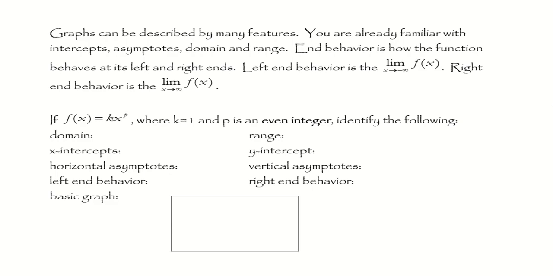Okay, welcome back. So hopefully you have a good idea of what's going on here. We're going to summarize this now, and we're going to look at several features that we're going to describe these graphs according to. So you already know about intercepts, that would be x and y intercepts, asymptotes, horizontal and vertical, domain, and range. Right?